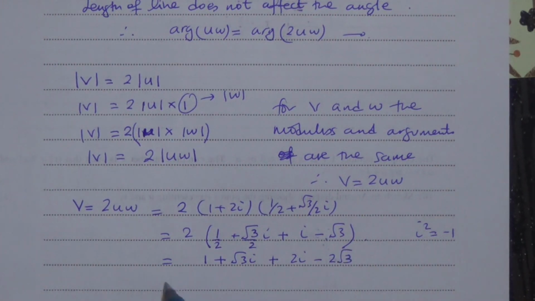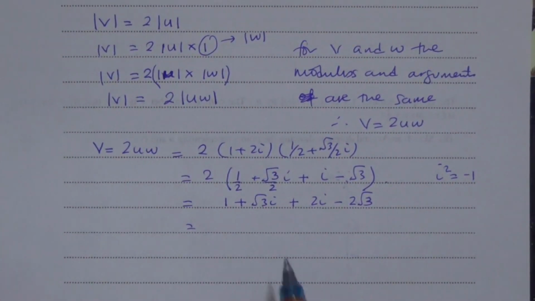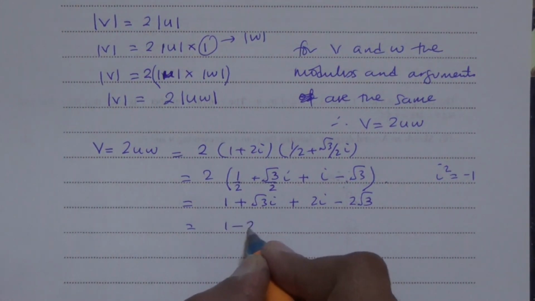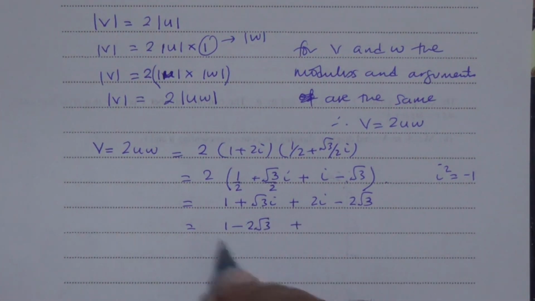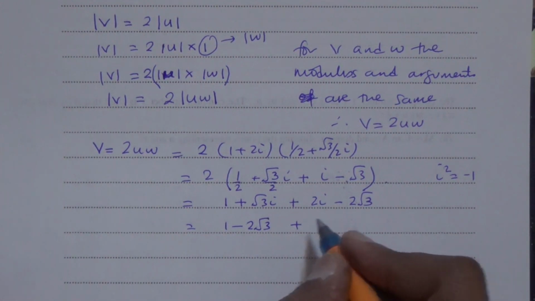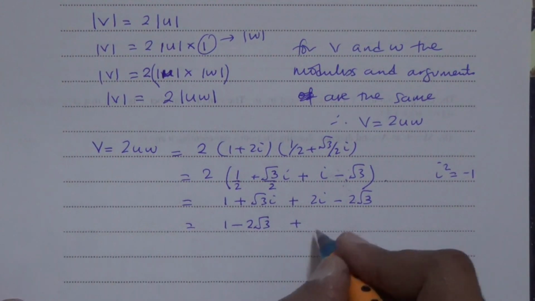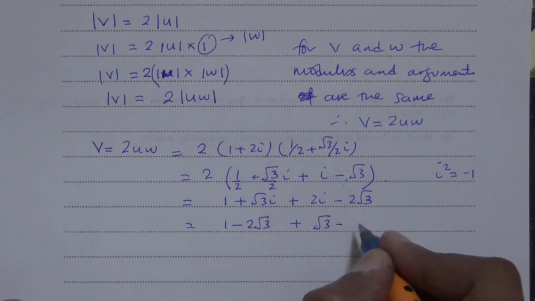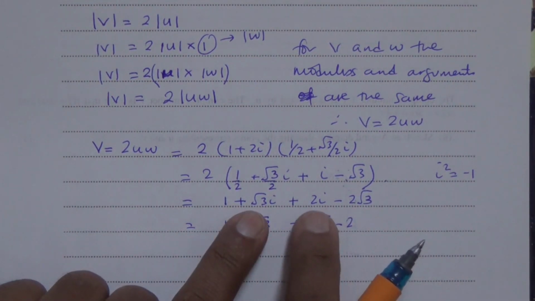Okay, so I'm going to have to rearrange this. Let us see how we can do it. So 1 minus 2 root 3, that's the real part. Then for the imaginary part, no, hang on, this is root 3 and then 2 from the 2i.